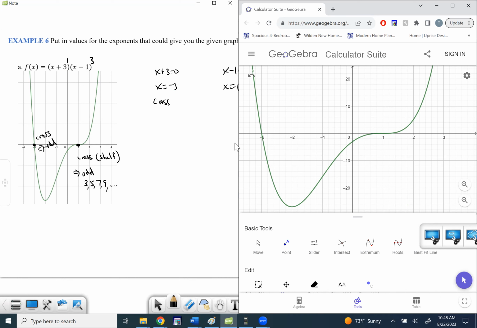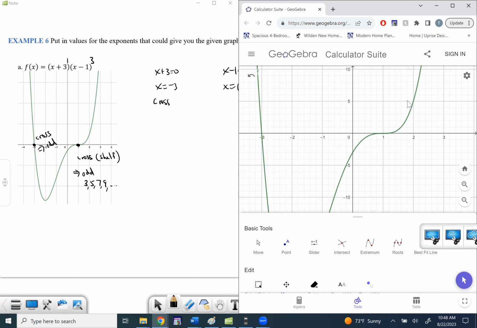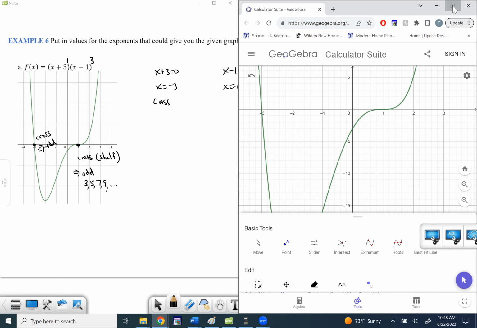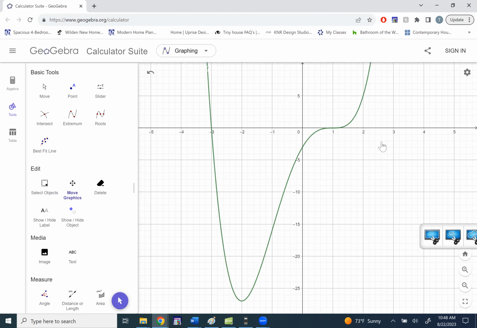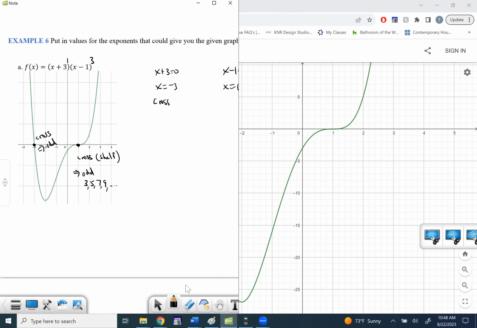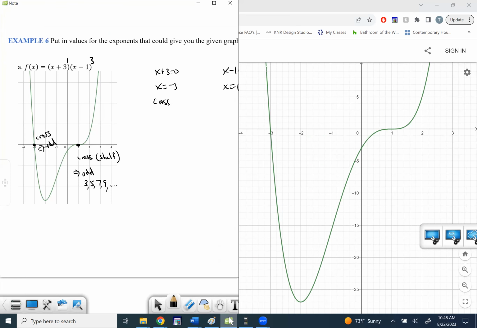It's got the right shape. It passes through -3. And I could just drag this down more if I wanted to make it look more like it. Now you can see that it pretty much matches exactly. Okay, that's great. Really good. Pretty happy with that.